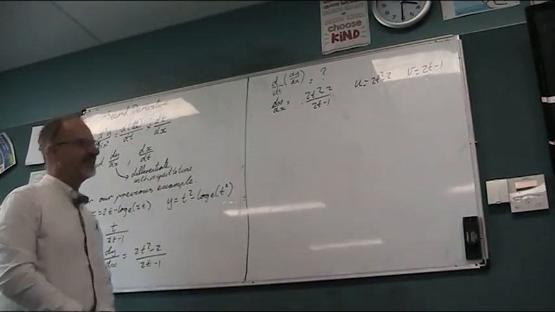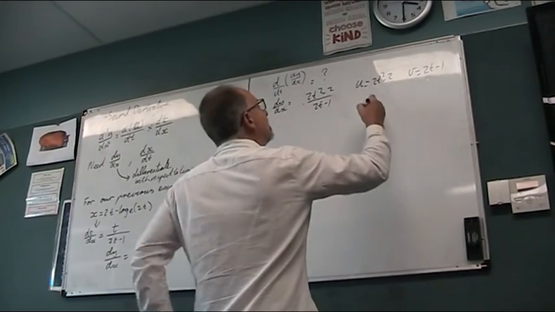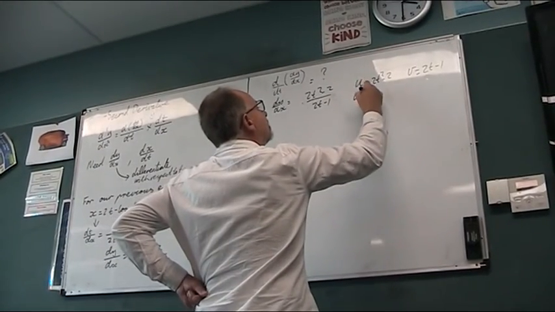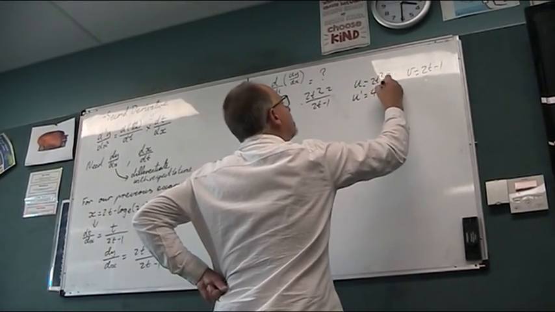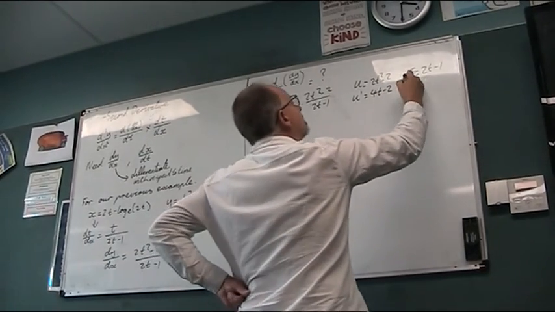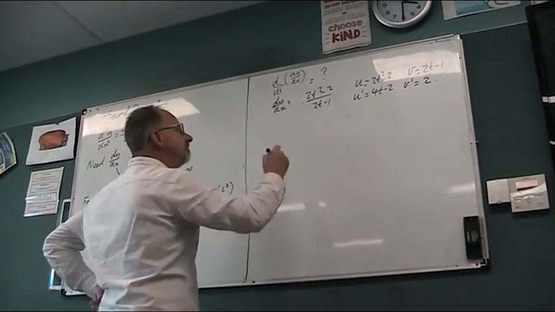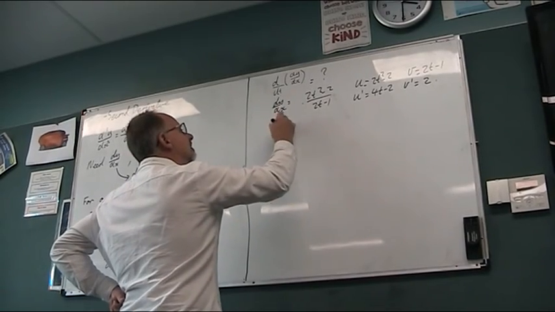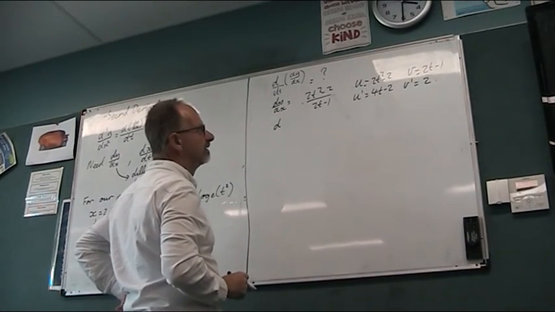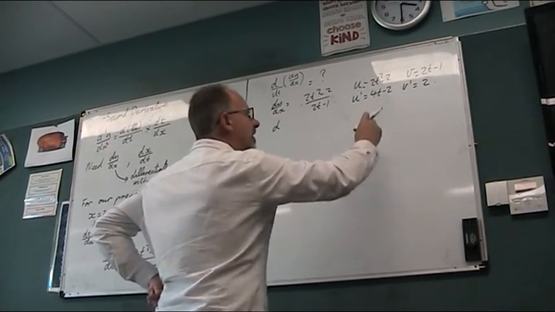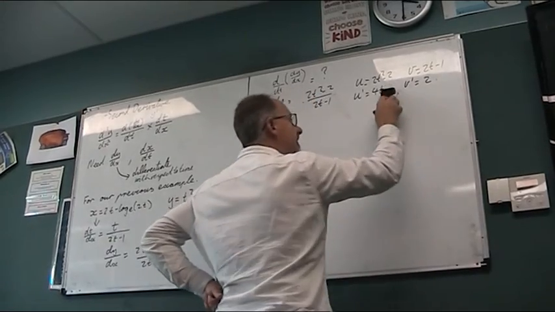Yuck. So derivative of u, 4t. Derivative of v, 2. There's no minus 2, it's gone because I've differentiated.